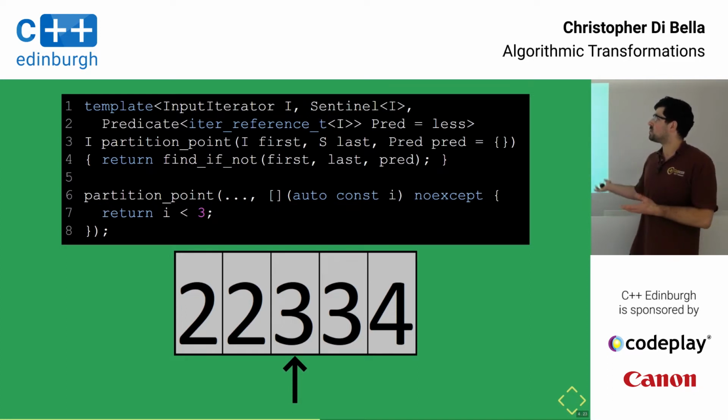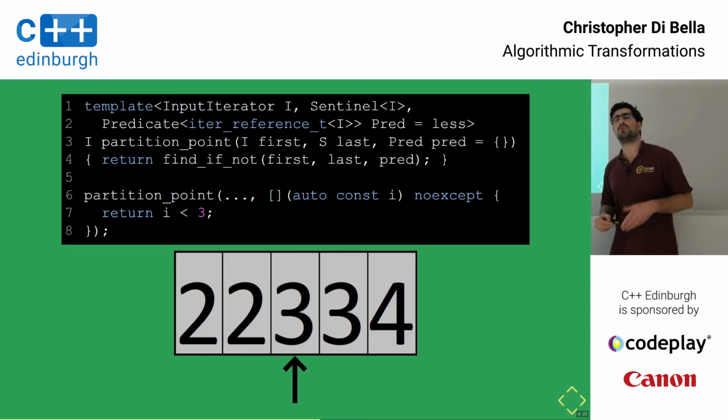And this would work, but if we wanted to use partition point, you can see that partition point is defined in terms of find if not, and find if not is a cousin of find, which means that it works with input iterators as well.